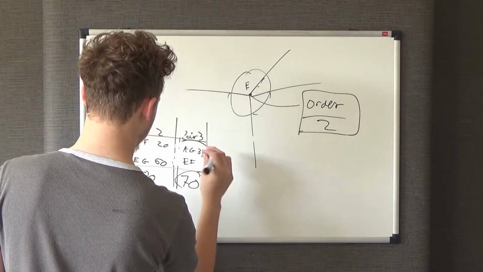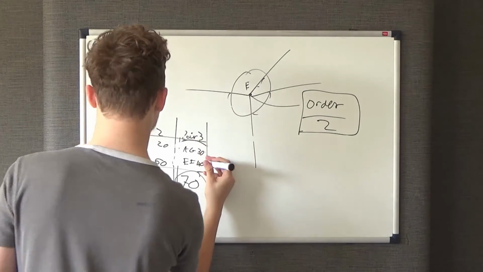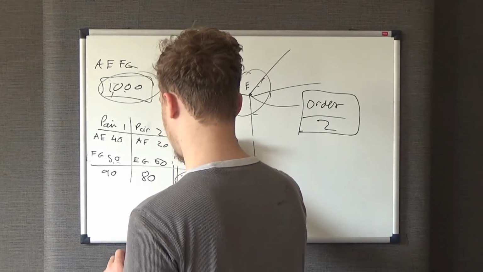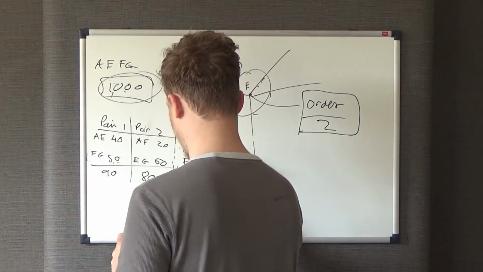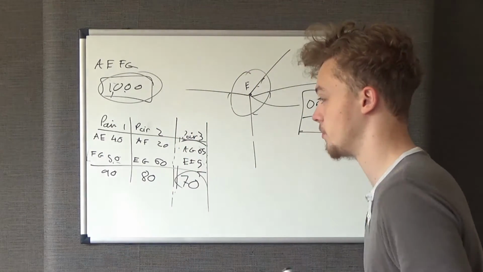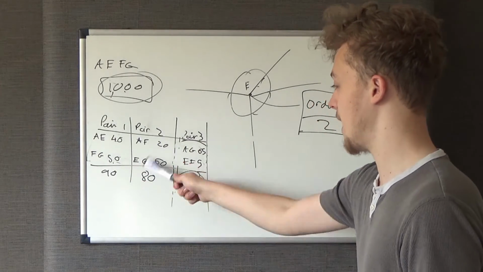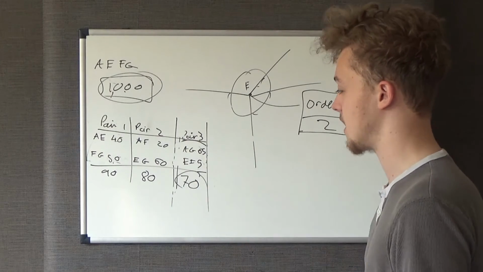So these are just some hypothetical numbers. I said from A to E it's 40, from F to G it's 50, from A to F it's 20, from E to G it's 60, from A to G it's 65, and E to I is 5.